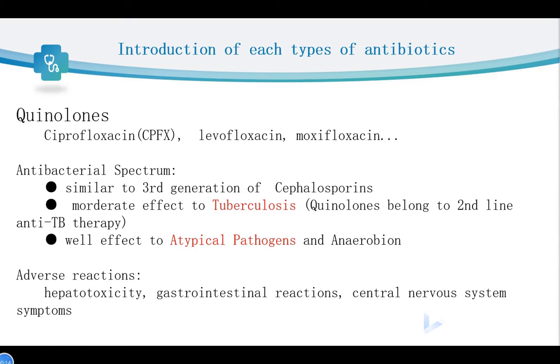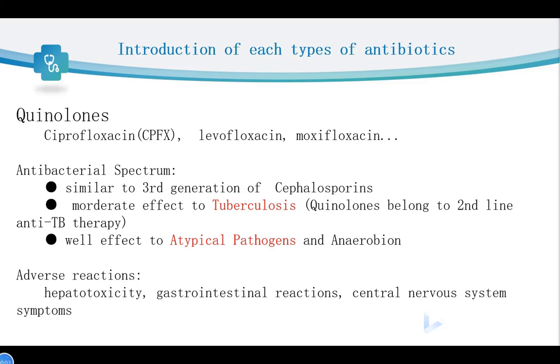The quinolones also belong to the second line of antitubercular therapy because of the moderate effect on tuberculosis. So, once a patient is diagnosed with pneumonia with a suspicion of tuberculosis, we'd better not choose the quinolones for the initial anti-infective therapy. The quinolones also have a good effect on atypical pathogens, so we can also choose the quinolones singly for the initial anti-infective therapy for CAP.